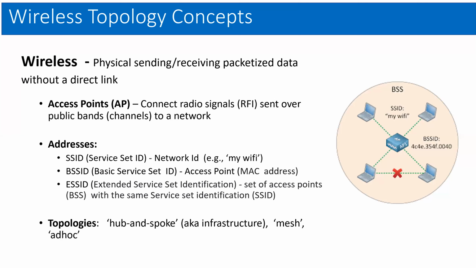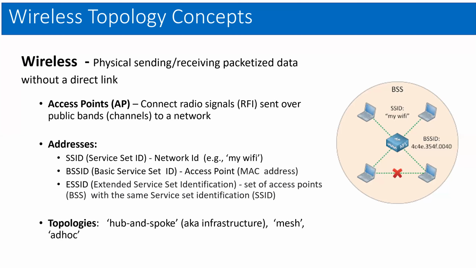The ESSID is the SSID, but it's used when you have multiple access points. So for example, in our building, we have access points in just about every classroom on every floor of the building, yet they're all broadcasting HU Wi-Fi or HU Guest. So it's where multiple access points are used to broadcast the same Wi-Fi name, which is the SSID.